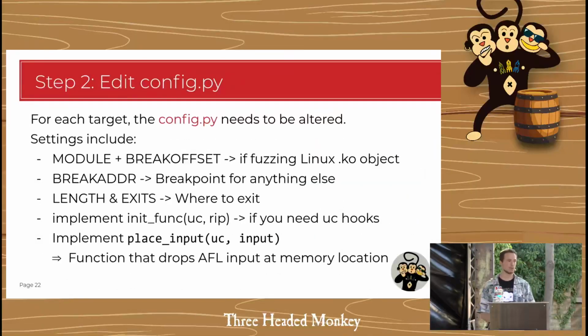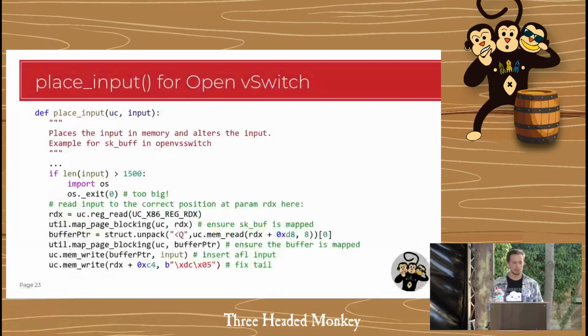And then there's a config for our tool. The config needs where to break and where to stop fuzzing, basically where the parser ends. And then there's a Python function that you have to implement that drops the data coming from AFL into its right position inside the kernel memory.